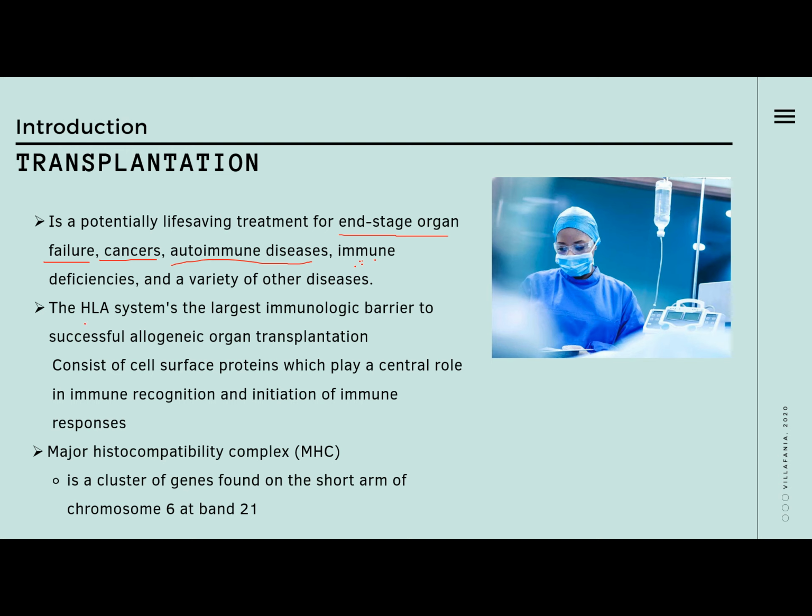Now, in transplantation, class, there is a specific type of system known as your human leukocyte antigen system. Please take note, class, that this is the largest immunologic barrier to successful allogenic organ transplantation. It consists of cell surface proteins which play a central role in immune recognition and initiation of immune responses.